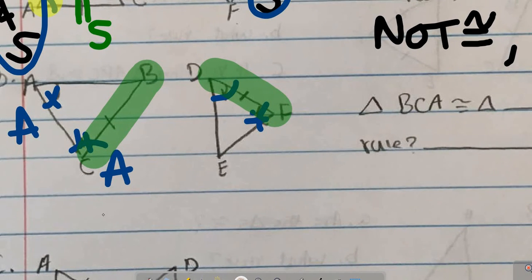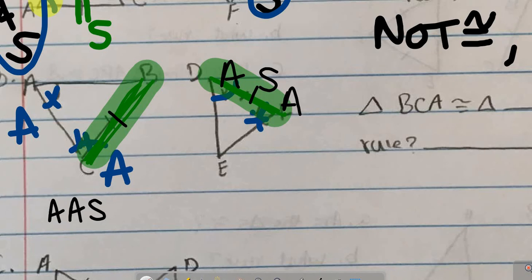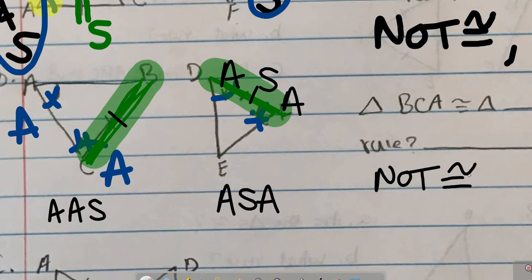In this diagram, this side here is not squeezed between the angles, and this one is squeezed between the angles. So on the left, it spells angle, angle, side. On the right, it spells angle, side, angle. So there's a mismatch here. Therefore, they are not congruent.